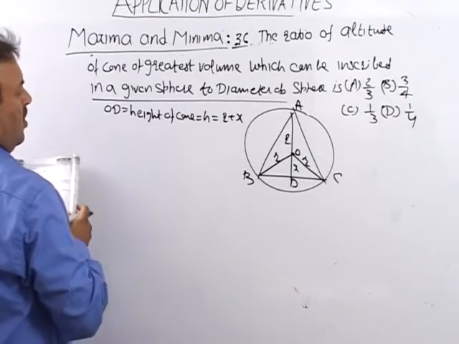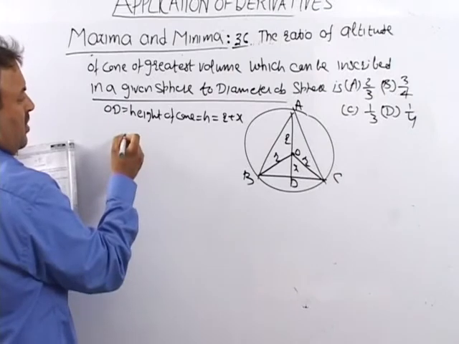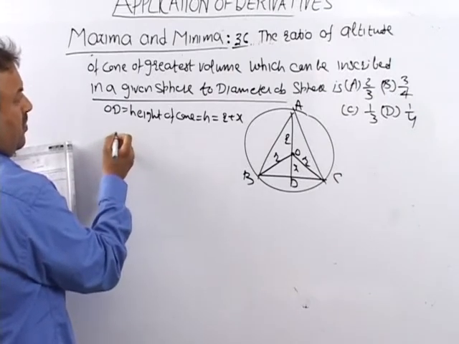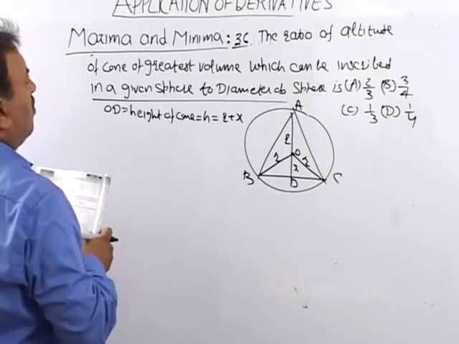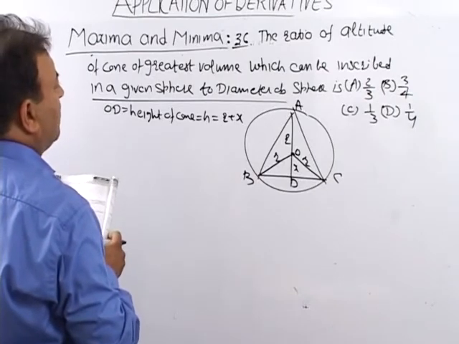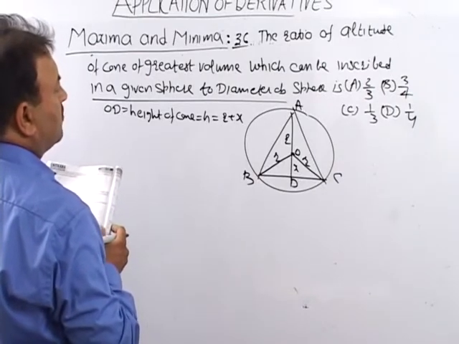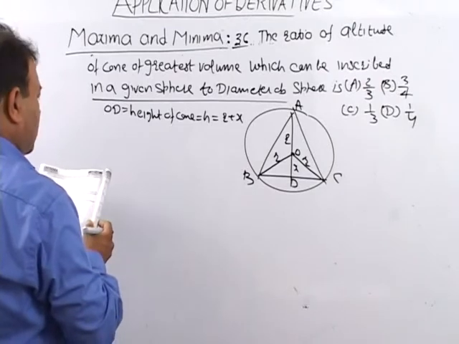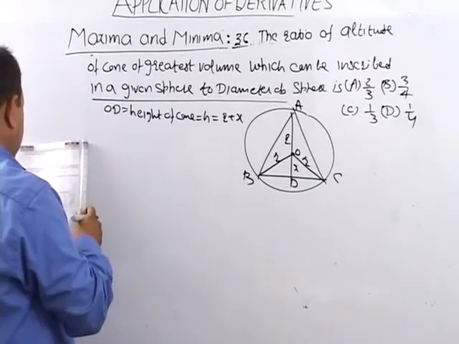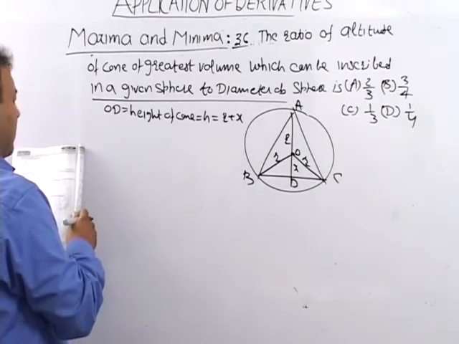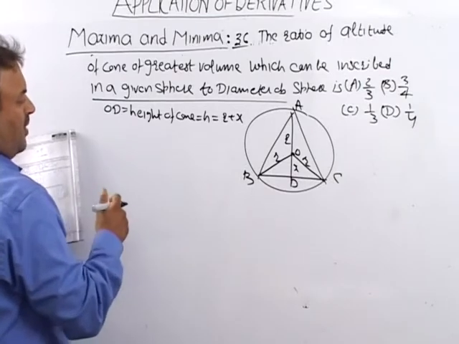Now, the ratio of the altitude of the greatest volume cone which can be inscribed in a sphere is asked. अब हम ऐसे भी कर सकते हैं, we take the sphere radius, हम कैपिटल R भी ले सकते हैं.